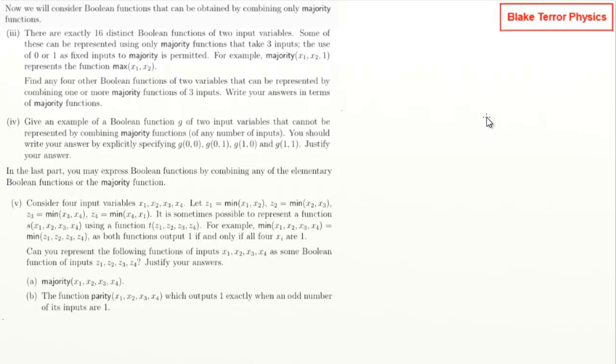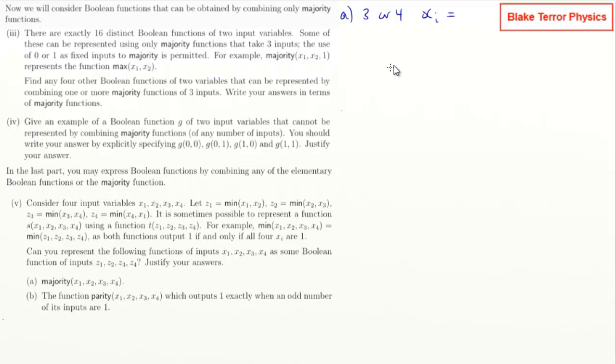Okay. Can you represent the following functions of inputs as some Boolean function of the z inputs? So can we switch the x's to z's in majority and still get the same thing? So what do we want then? In majority, that means we need to have 3 or 4 of the xi being equal to the same thing if we want to get a 1 out.